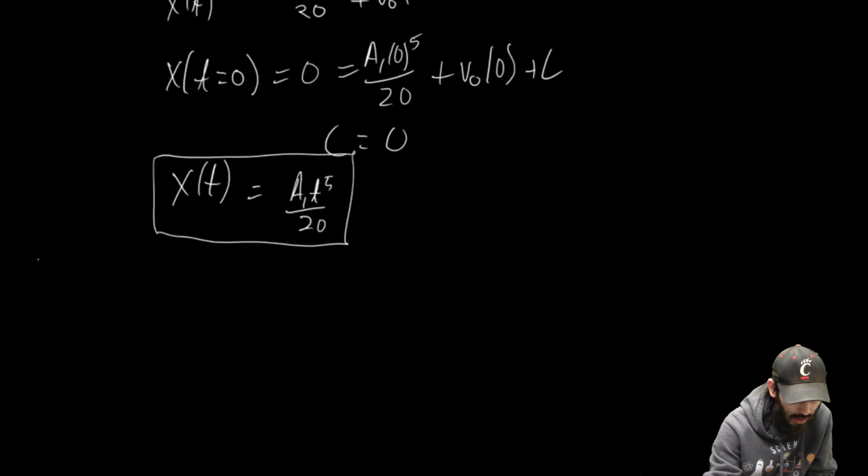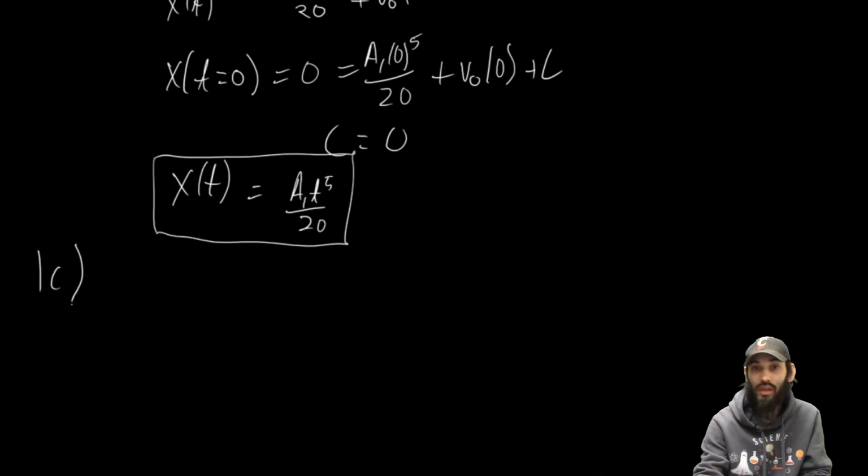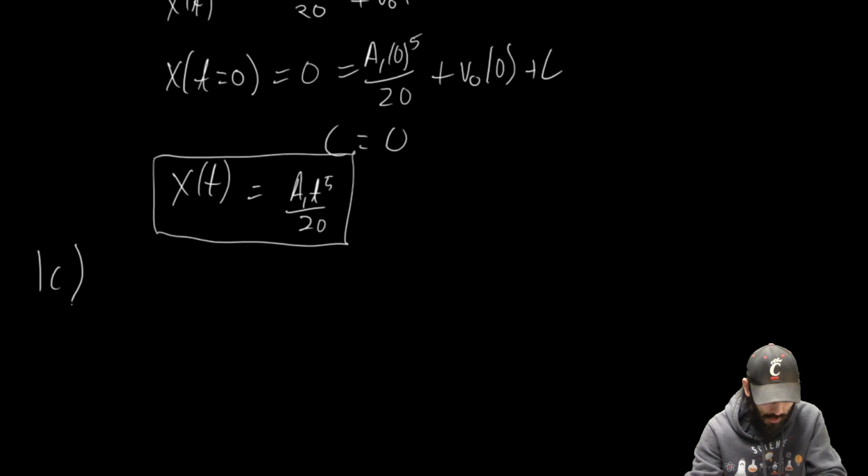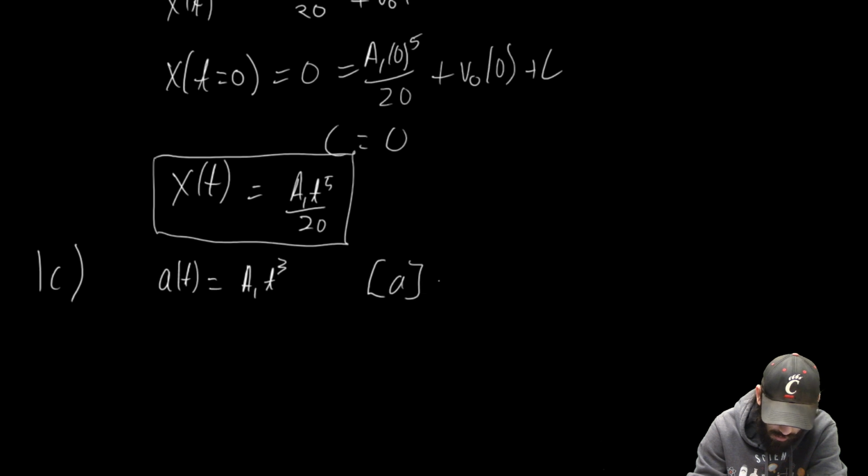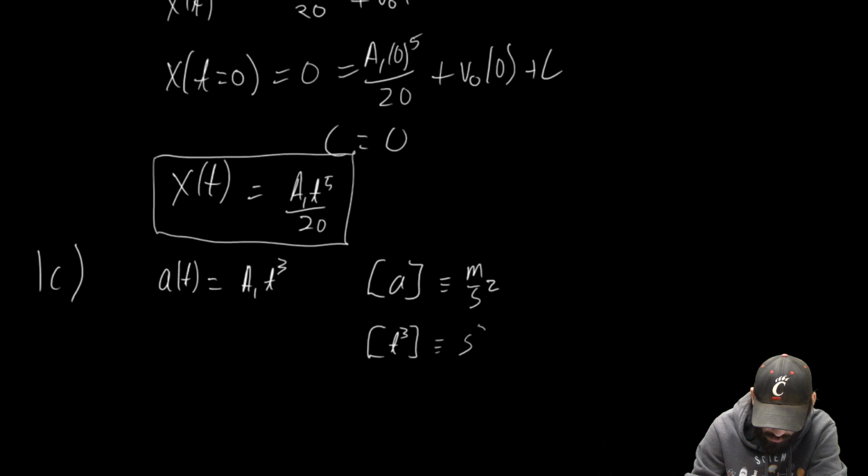And then for 1c, we want to find what the units of a1 are. If we go all the way back to our original equation, the acceleration a of t is equal to a1 t cubed. We know that the units of the acceleration are meters per second squared, and the units of t cubed are seconds cubed.